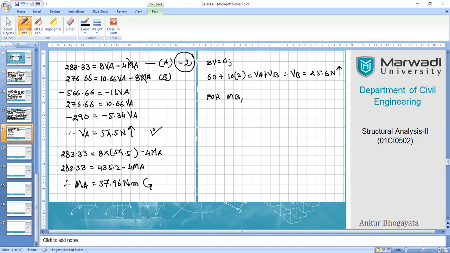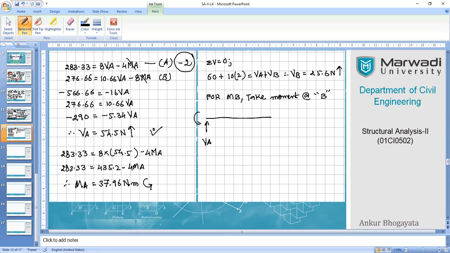So now you have to take moment for MB. Take moment about point B in the original, I mean simplified beam. So here we can redraw the simplified beam for your ready reference. This is your VA, right?